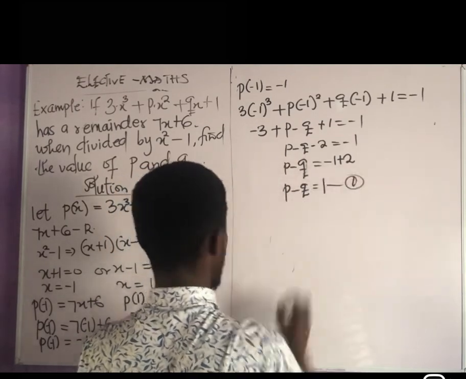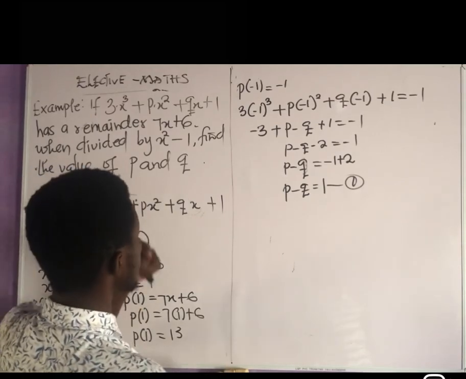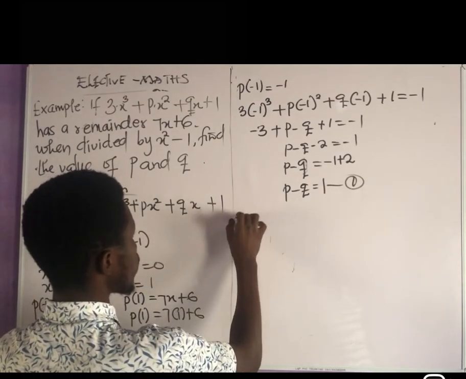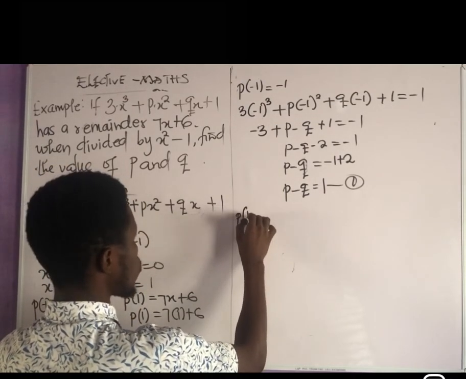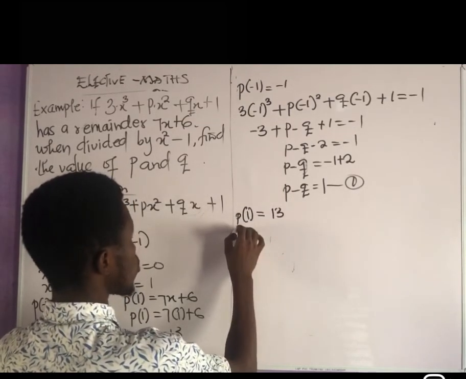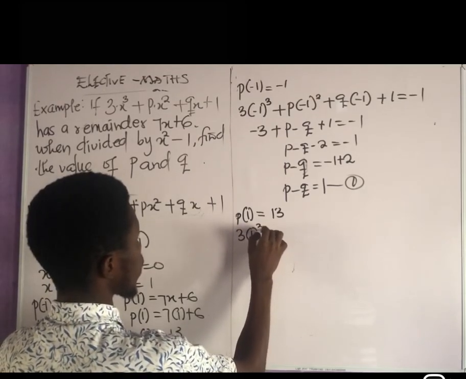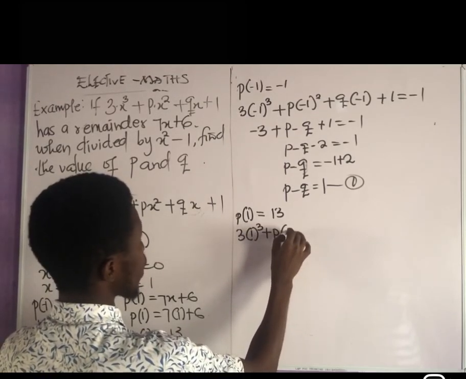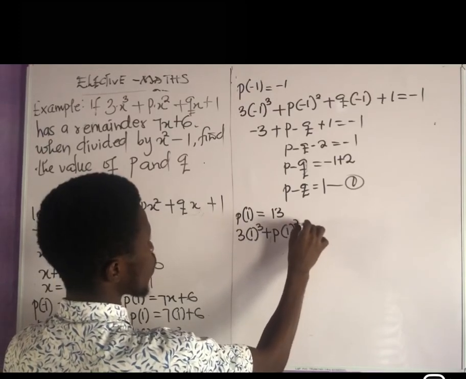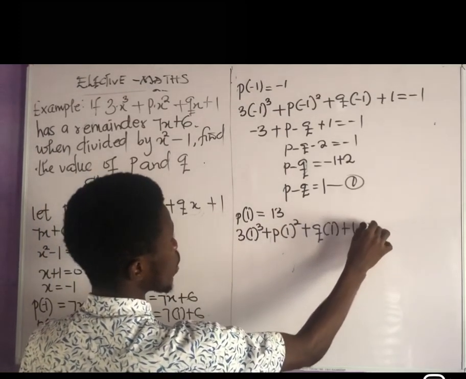So that's equation 1. Let's also consider p of 1, which is 13. So we have 3 multiplied by 1 to the power 3 plus p multiplied by 1 to the power 2 plus q multiplied by 1 plus 1 equals 13.